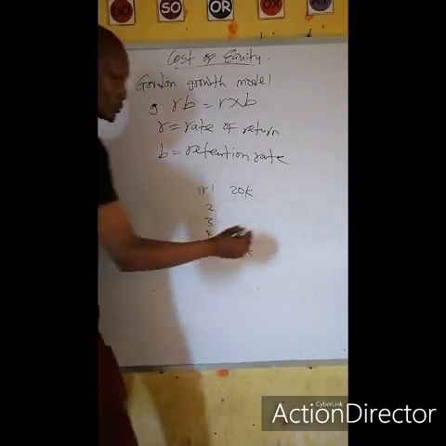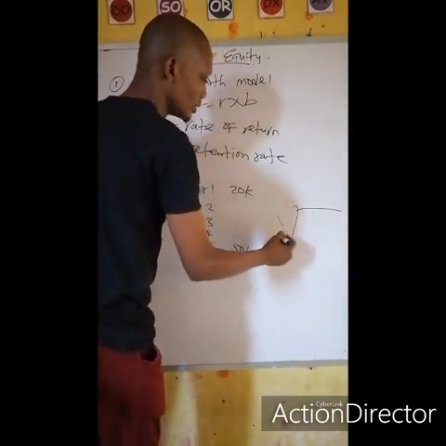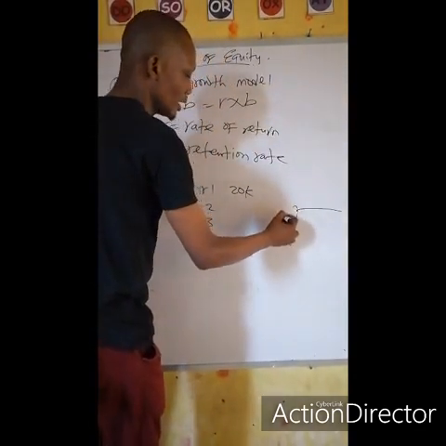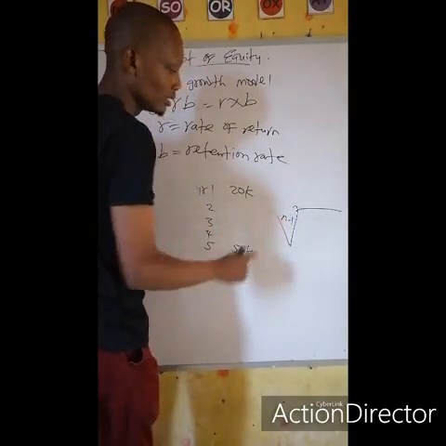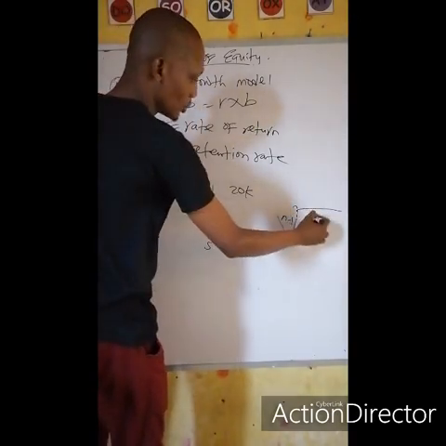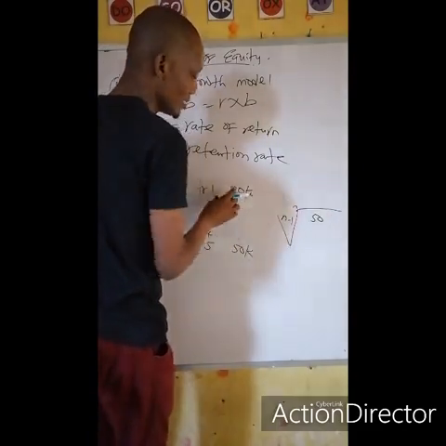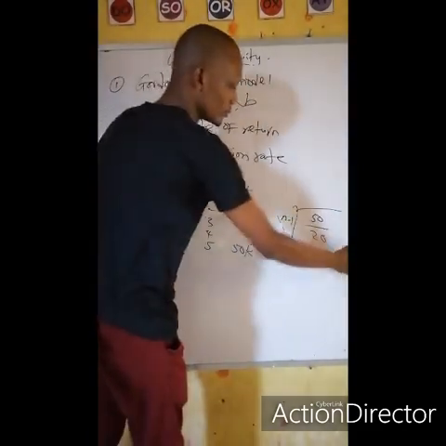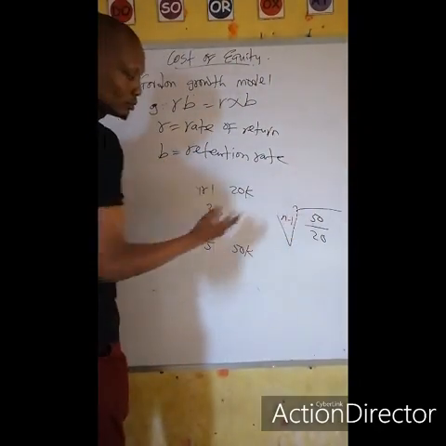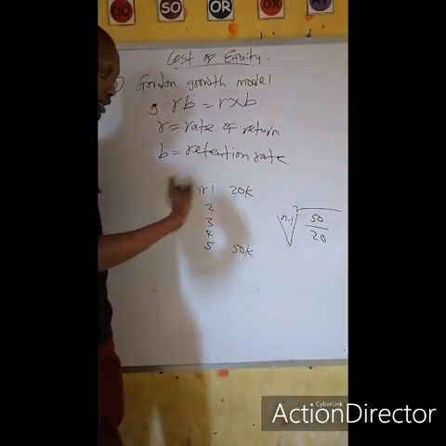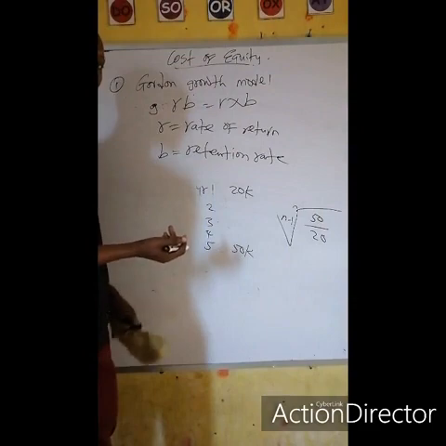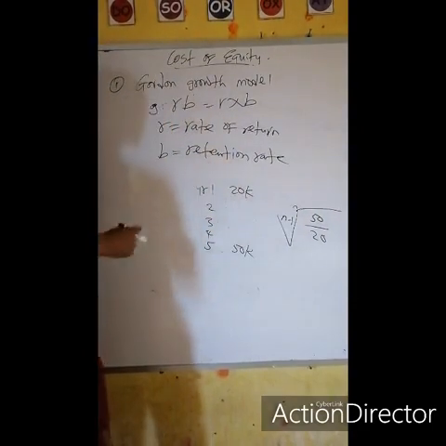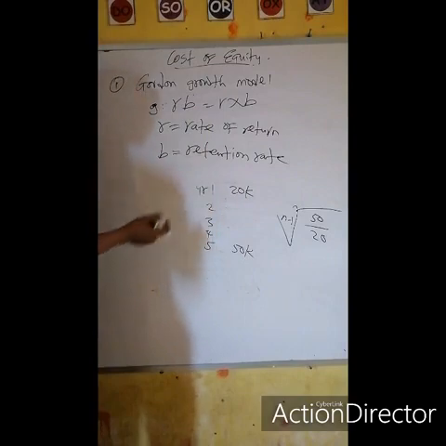So it will now be n, as the case may be, n minus 1. The current dividend is 50 kobo, while the base year dividend is 20 kobo. Everything minus 1. We then do the computation and get a growth rate which we are going to use in the computation of cost of equity.